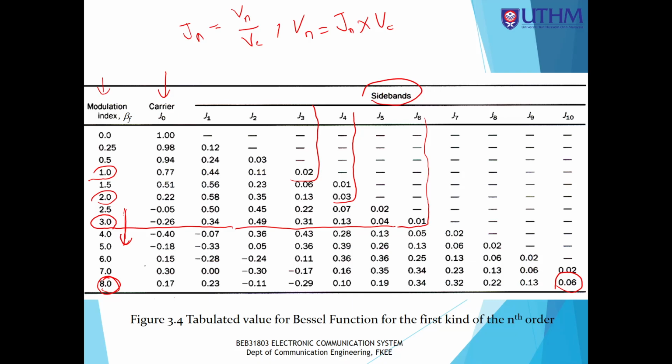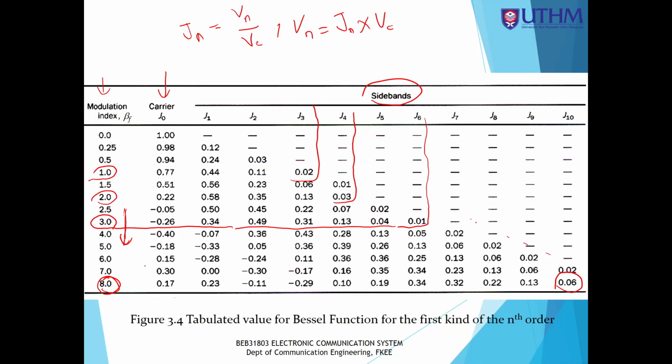So there might actually be more sidebands than the specified number, because this table in your notes has neglected the sideband values less than 0.01 because they are very small.